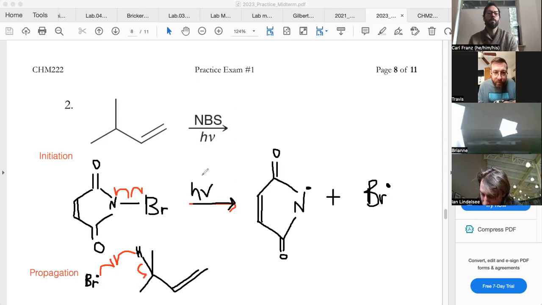Okay. We've pulled off a hydrogen, but we've only pulled off one electron. So the other electron goes to the carbon and we create the carbon free radical, right? Oh, okay.